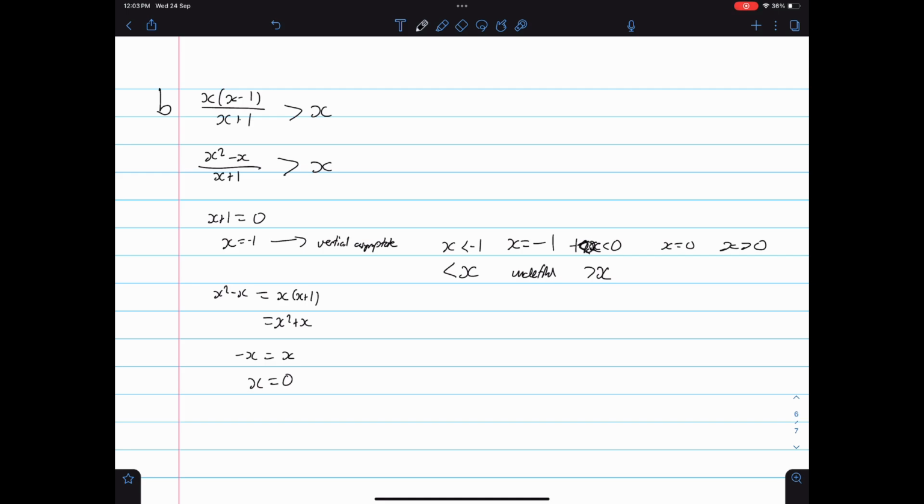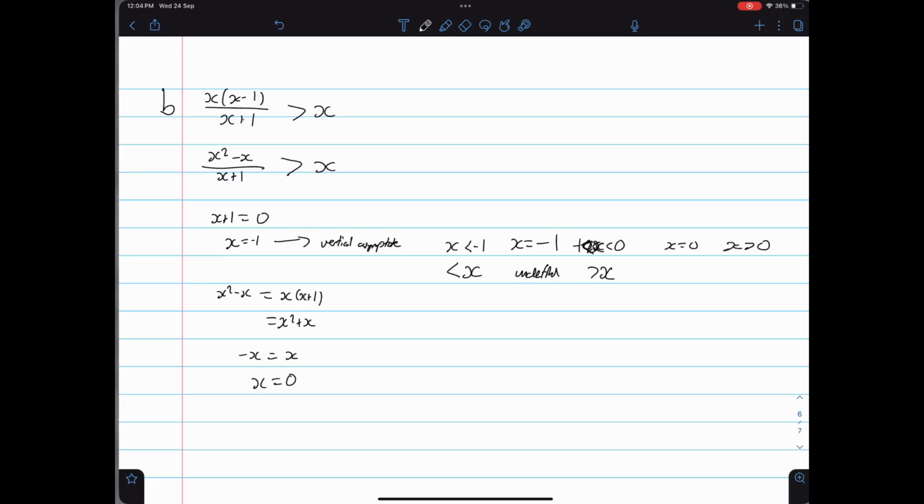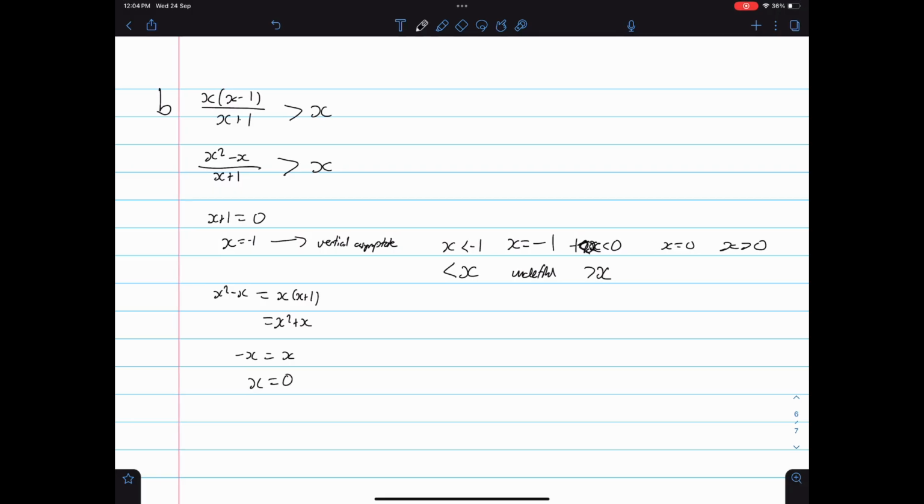Then at x equals 0, just substitute it in, because 0 squared minus 0 is 0. And when you divide it by 1, that's 0. It's not greater than 0, it's only equal to.